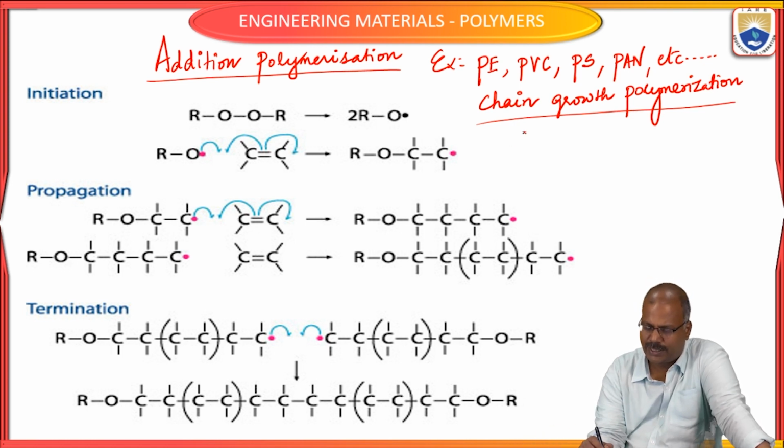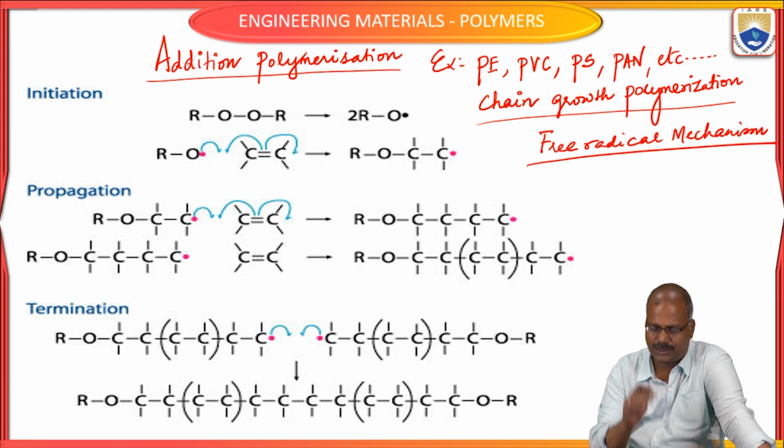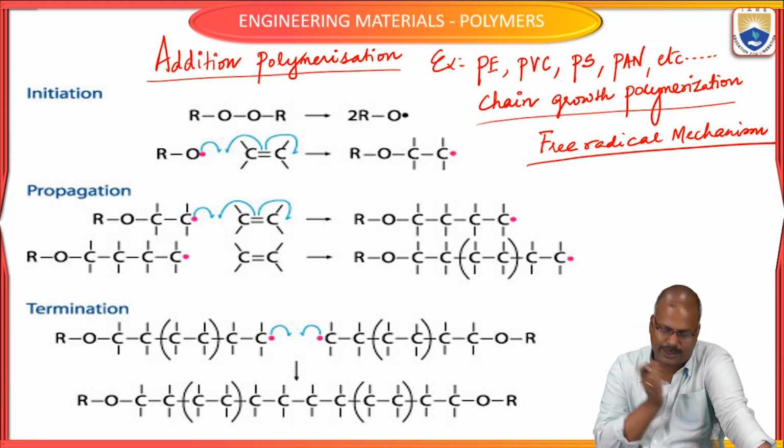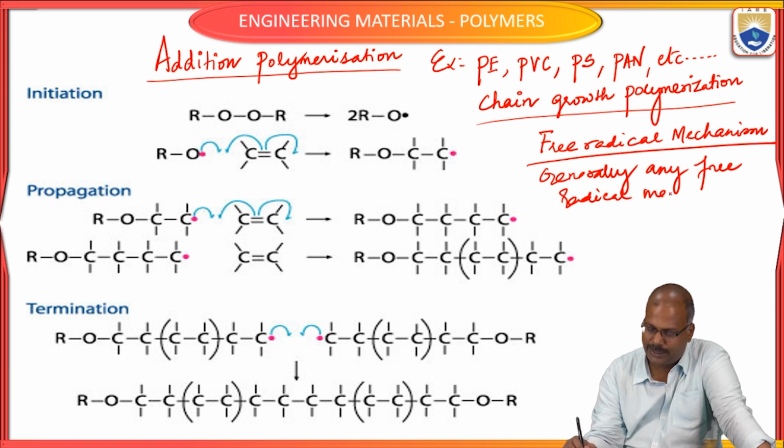Normally, this addition polymerization happens by a free radical mechanism. So one such free radical mechanism is what we are going to see here. Generally, any free radical mechanism has three steps.